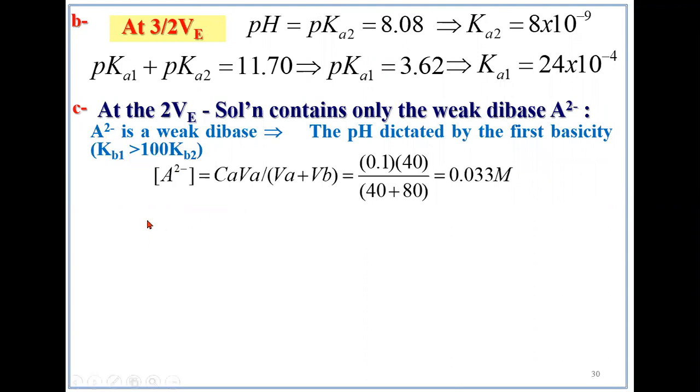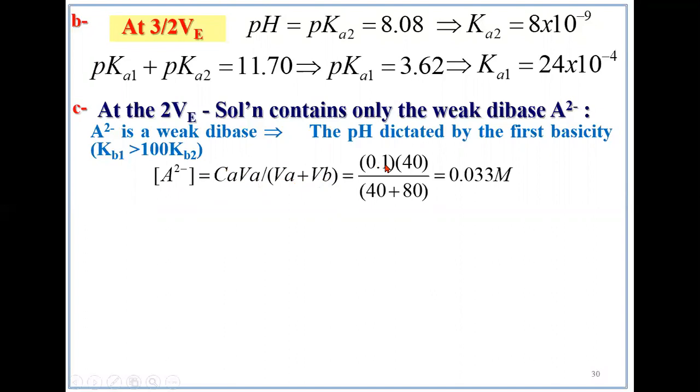Now, calculate the concentration of this dibase that has been produced, the A2 minus. That's going to be the number of moles of the acid divided by the total volume. Moles of the acid is CAVA, because all of the acid got converted to this base, divided by total volume, which is volume of the acid plus volume of the total base added to get to the second equivalence.